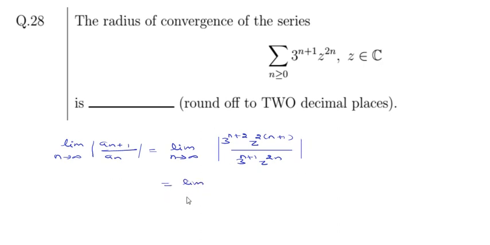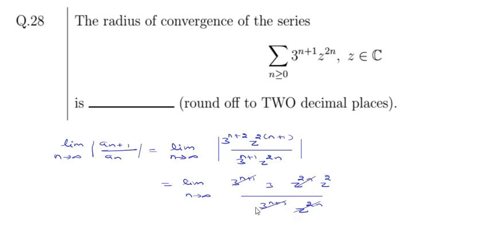So this is equal to limit n tending to infinity 3 power n plus 1 into 3 z power 2n into z square divided by 3 power n plus 1 z power 2n. So these two will cancel.